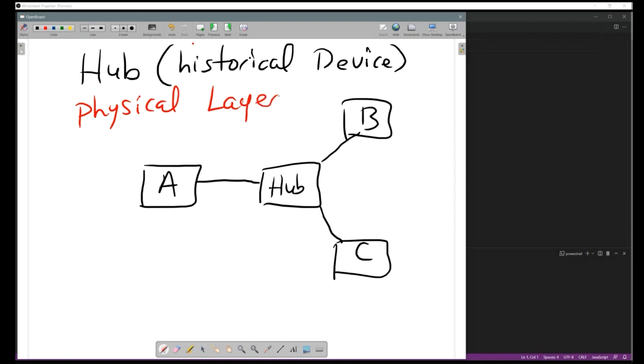And it is dumb. That is, it has no CPU inside of it. So what did the hub provide? The goal of the hub was to act as a virtual cable.